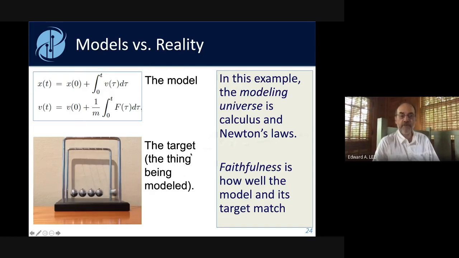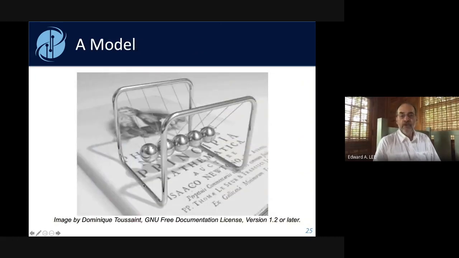And then you have the physical thing in itself, which is the thing you're trying to model. Now, you could use your mathematical model of Newton's laws to come up with a simulation. And the simulation is going to look pretty different from the video that I just showed you of this actual thing in itself, right?